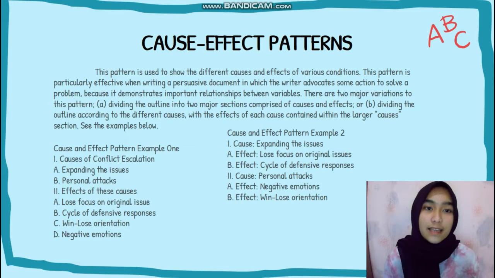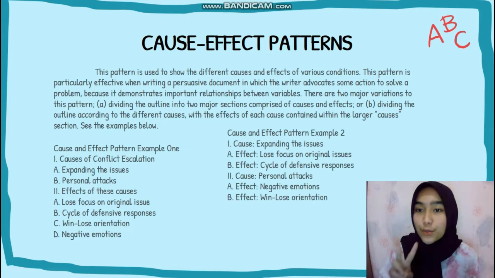Next is cause-effect patterns. This pattern is used to show the different causes and effects of various conditions. This pattern is particularly effective when writing a persuasive document in which the writer advocates some action to solve a problem, because it demonstrates important relationships between variables.